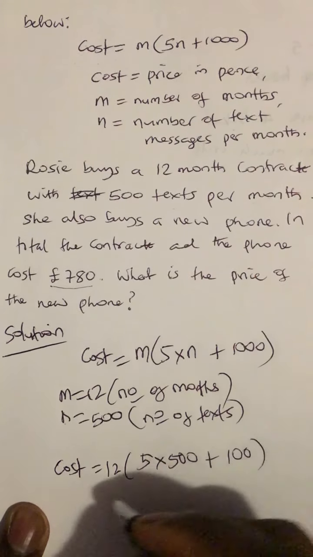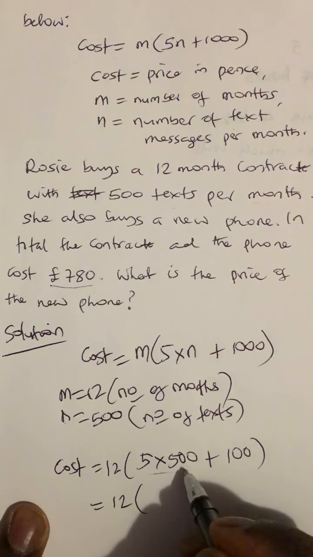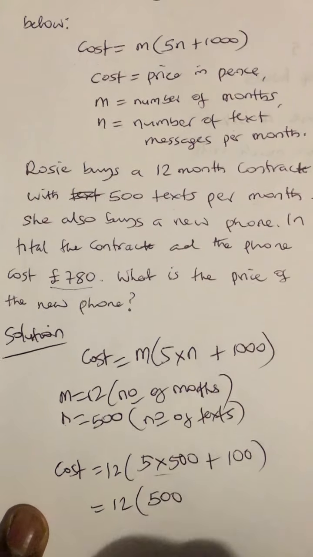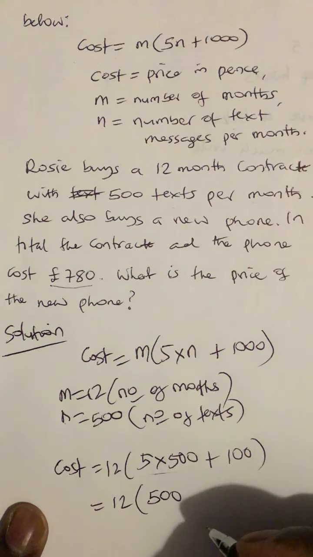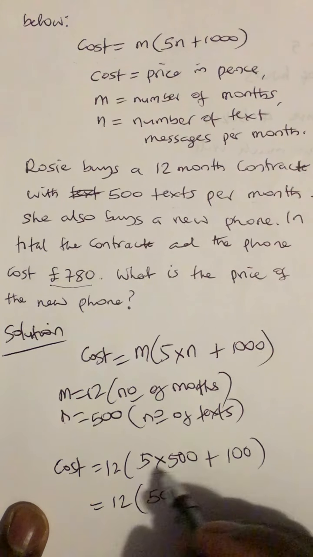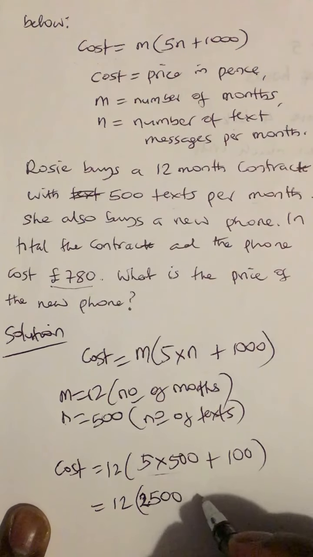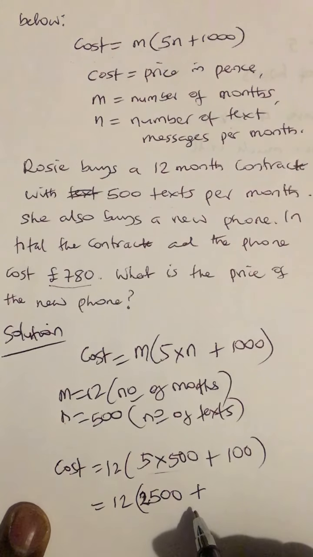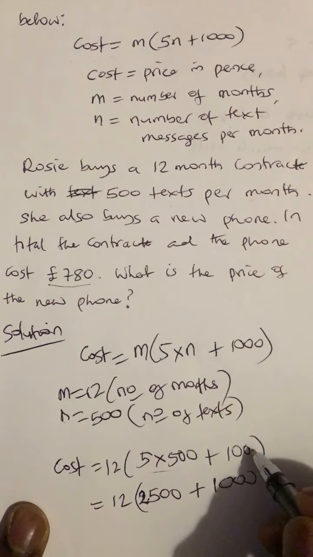plus 1000. So this will give us 12 times, and 5 times 500 is 2500, 2500 plus 1000.